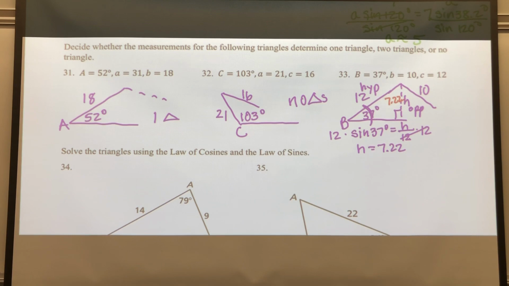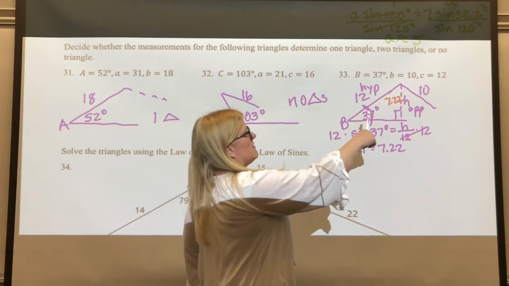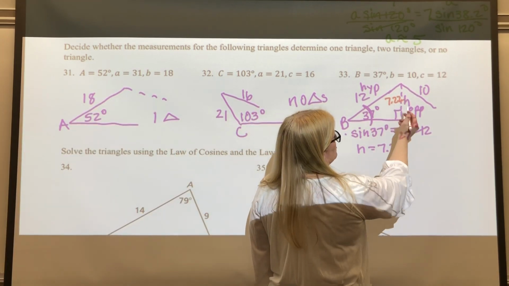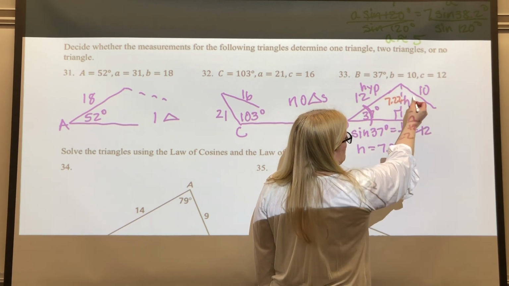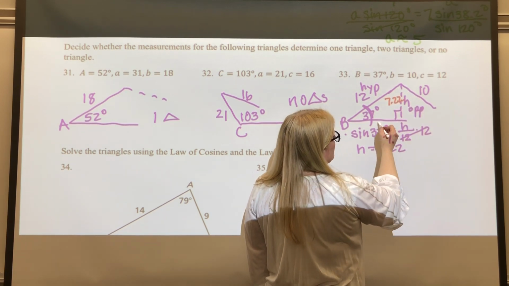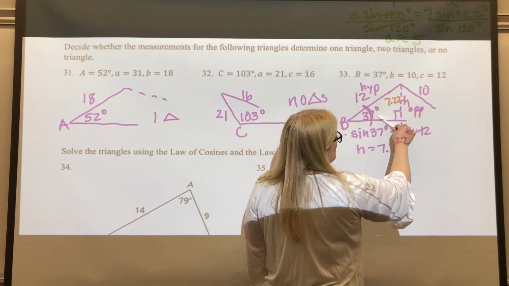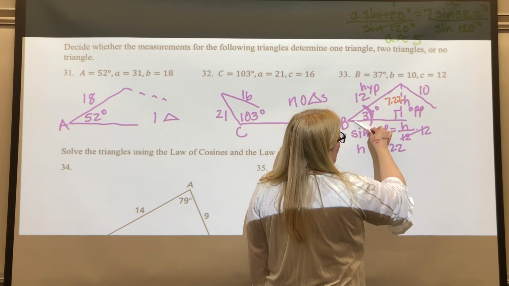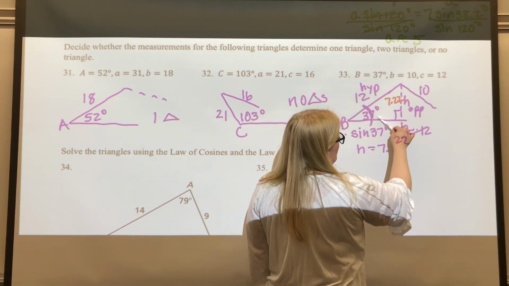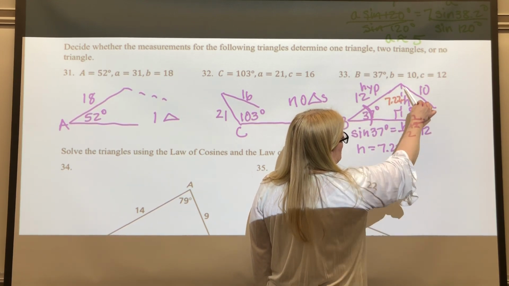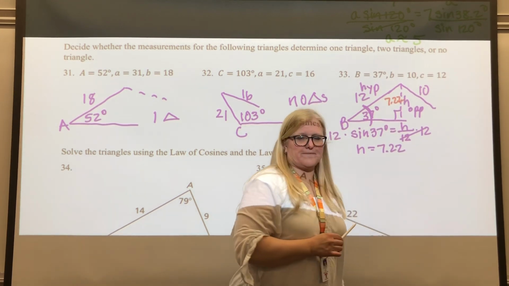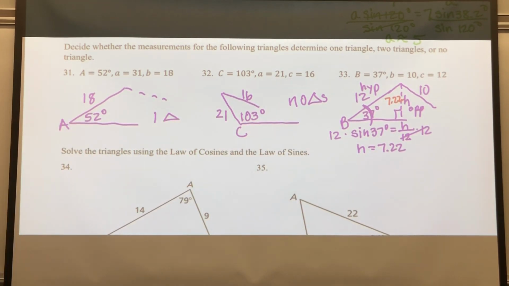Well, 10 is larger than 7.22, so that means that the 10 will come down about right here, but the 10 is also between 12 and 7.22, so it could also make a triangle right here, okay? So I have a possibility of 2 triangles. All right, so the answer to that one is 2 triangles.